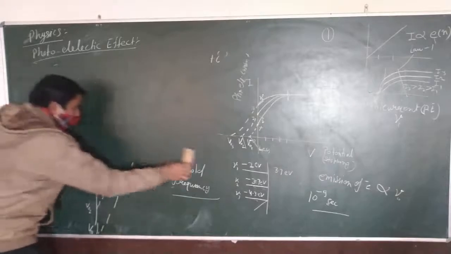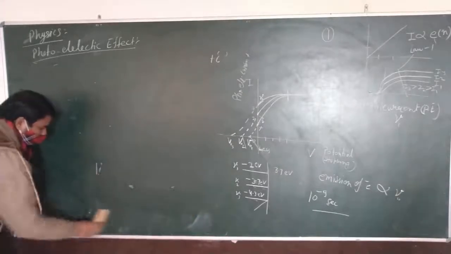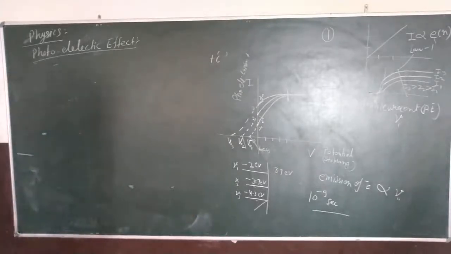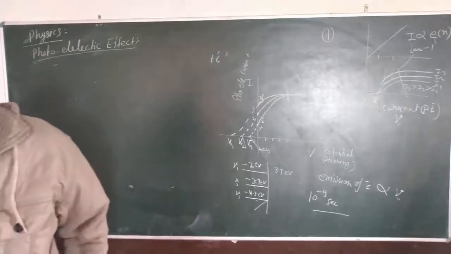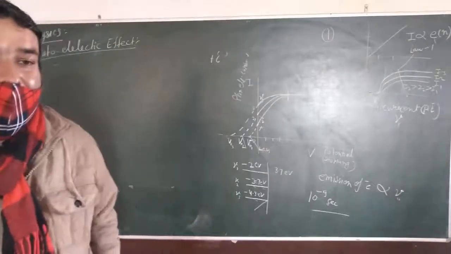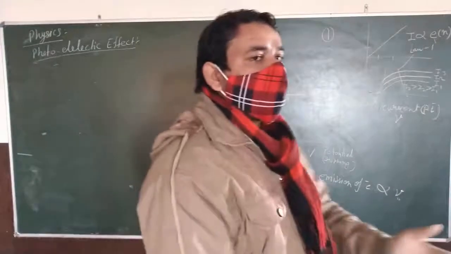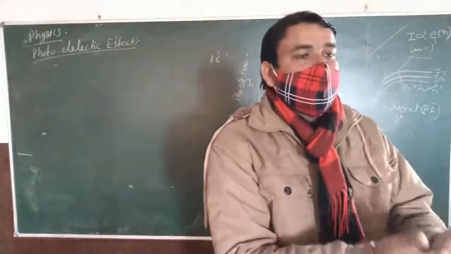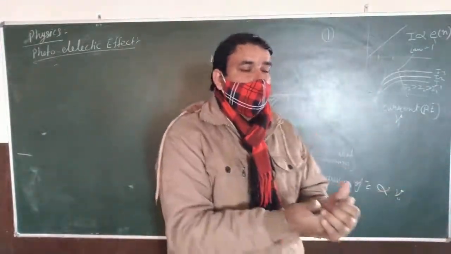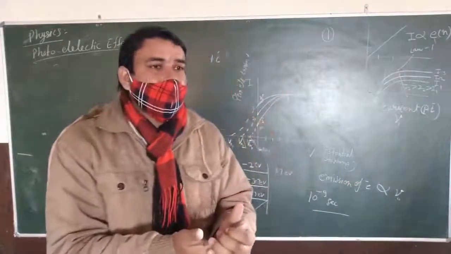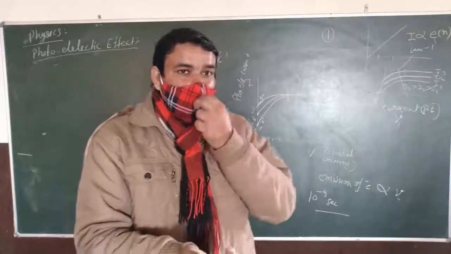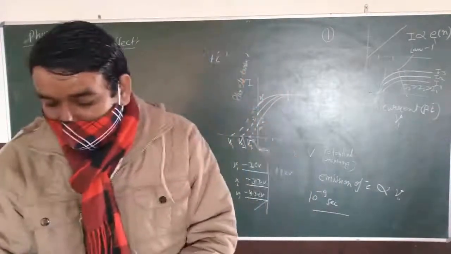Okay, next students, we have the Einstein equation of photoelectric effect. Einstein explained the emission of photoelectrons from the photosensitive material on the basis of the Planck theory.